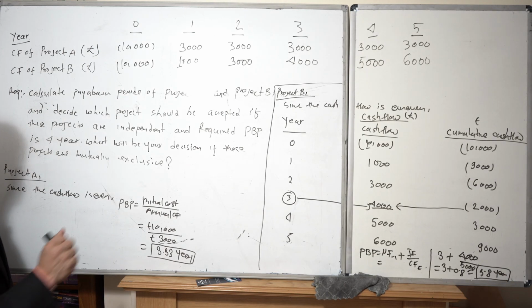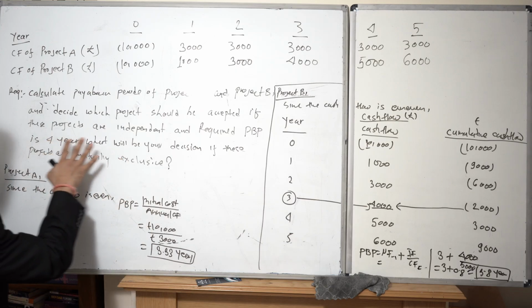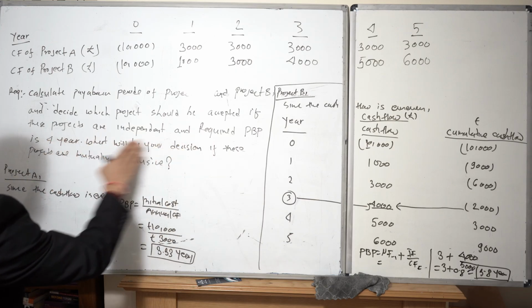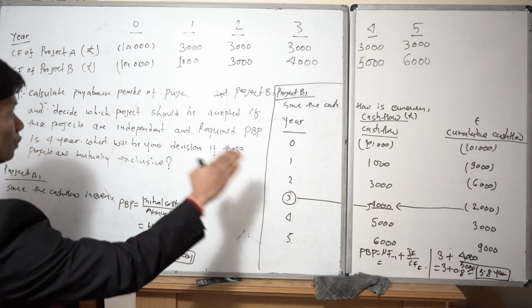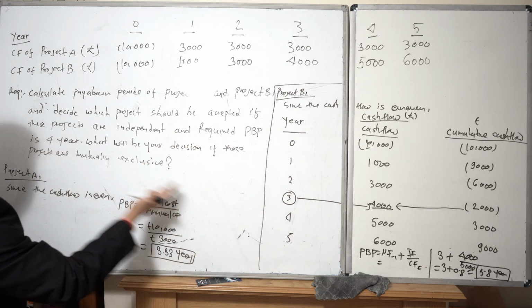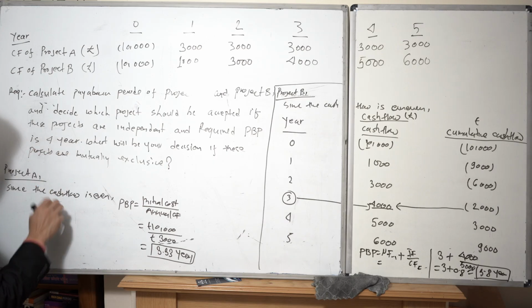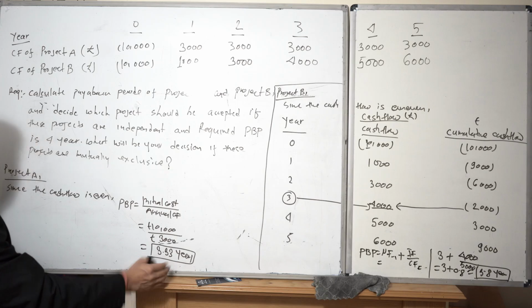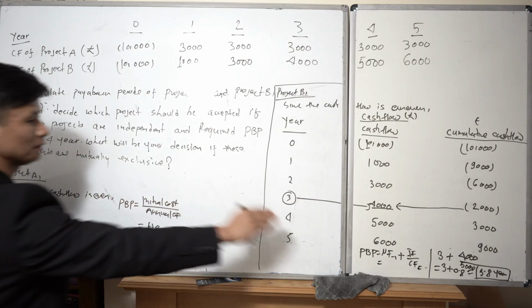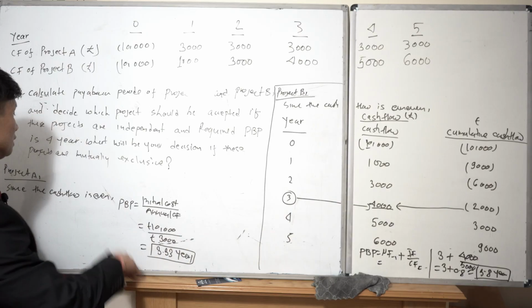Now let's have a look at the decision criteria. What is the requirement here? The required payback period is 4 years. So any project with a payback period of less than 4 years is accepted. For project A, the payback period is 3.3 years, which is below 4 years, and project B is 3.8 years. That means nearly 4 years, but still less than 4 years.